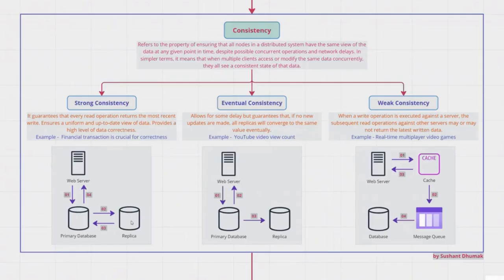So this is needed if you need strong consistency. If any of the operations fails, the system will not be available or there will be high latency. You will not get a response quickly. So that is strong consistency.